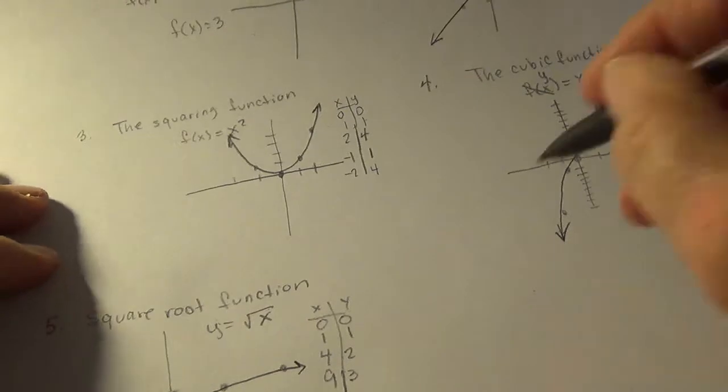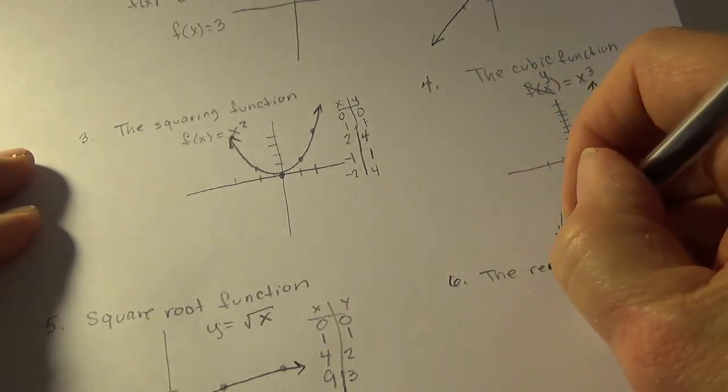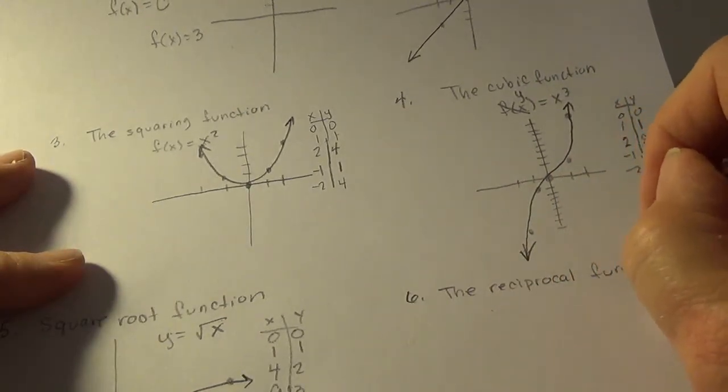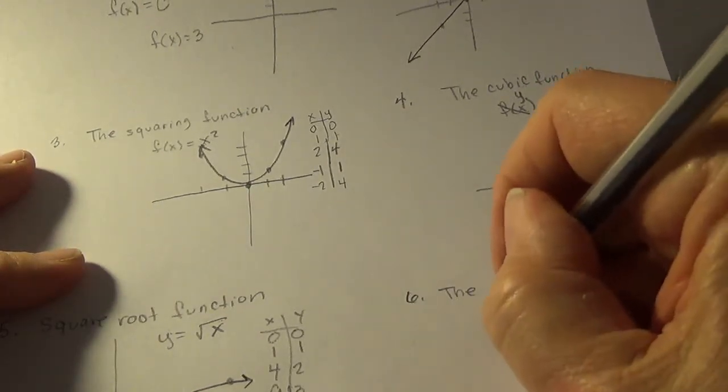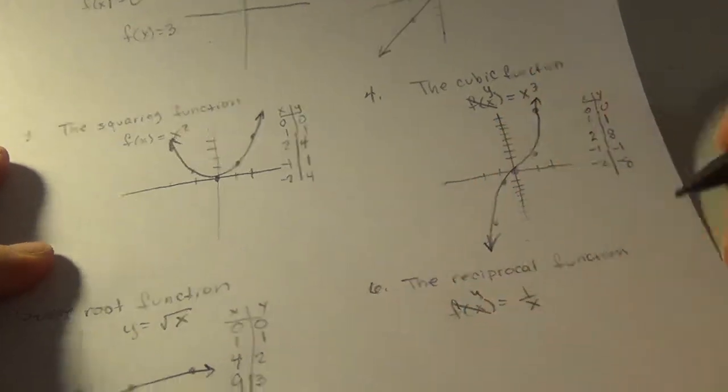All right, the reciprocal function, f of x equals 1 over x. We can think of that as y.